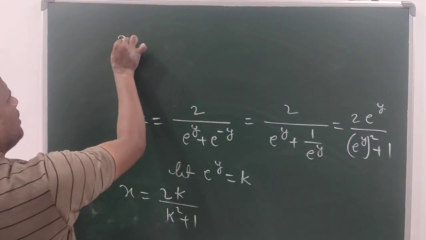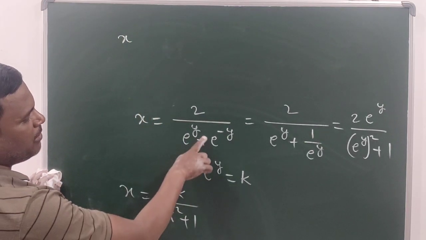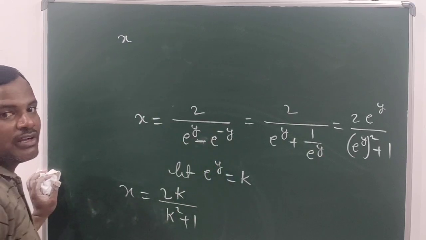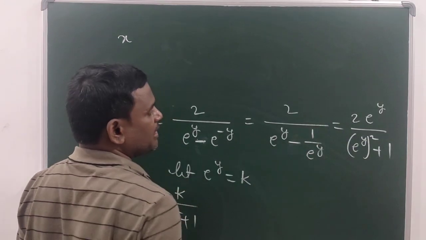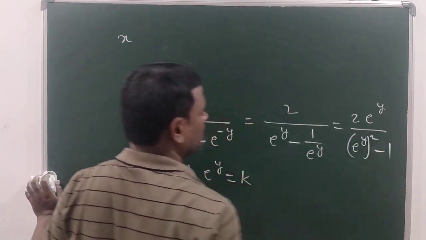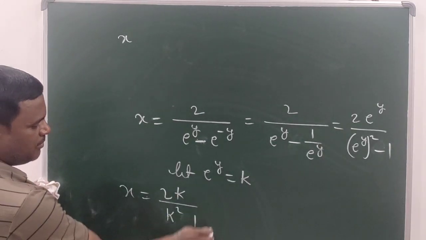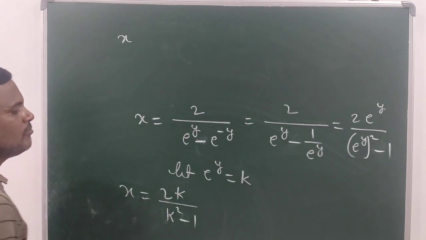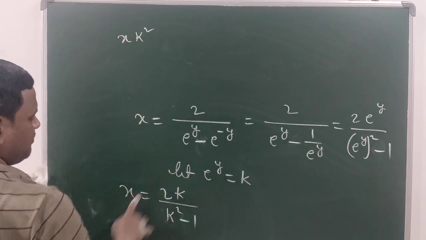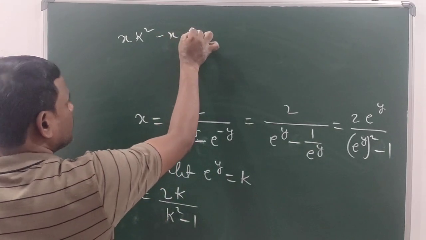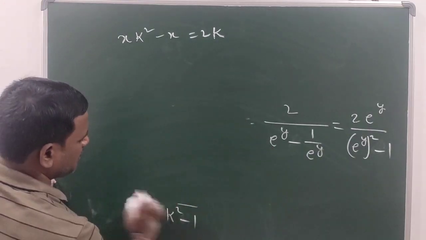We are discussing the reciprocal of sine here, so the middle sign will be minus. Cross multiplying, x k square minus x equals 2k.